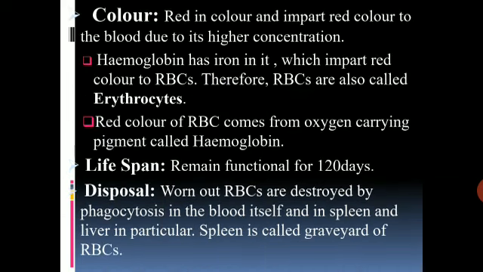If we talk about color, you know that RBC consists of hemoglobin. It's a respiratory pigment which binds with oxygen as well as with carbon dioxide, and this hemoglobin consists of iron in it. Due to the presence of iron, the RBCs appear red in color. A single RBC doesn't appear red in color, it actually appears somewhat yellowish.